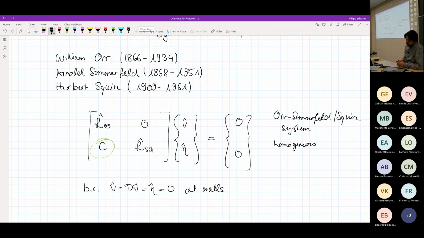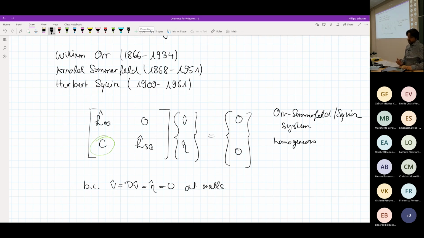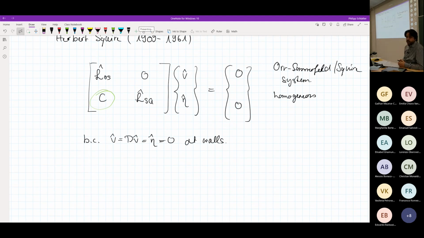But of course, the problem now is, so what is it really that I would like to solve? And of course, as we said earlier, in the end, this will turn out to be an eigenvalue problem, because as you can see, the trivial solution for v and eta, just v and eta being 0, is of course a solution for it, but this doesn't help very much. So we have a trivial solution, and this trivial solution is simply v hat and eta hat being 0, and that's also nicely consistent with the boundary conditions.